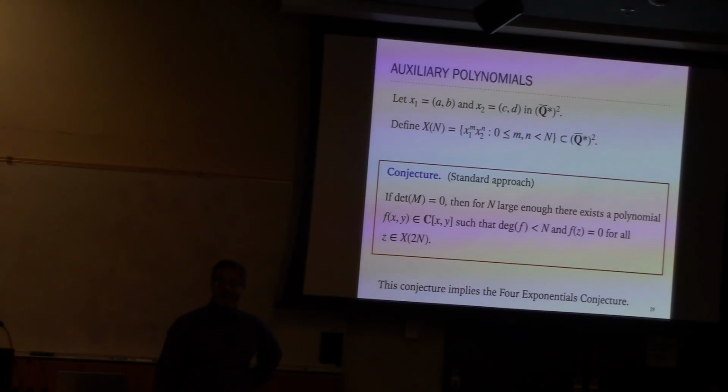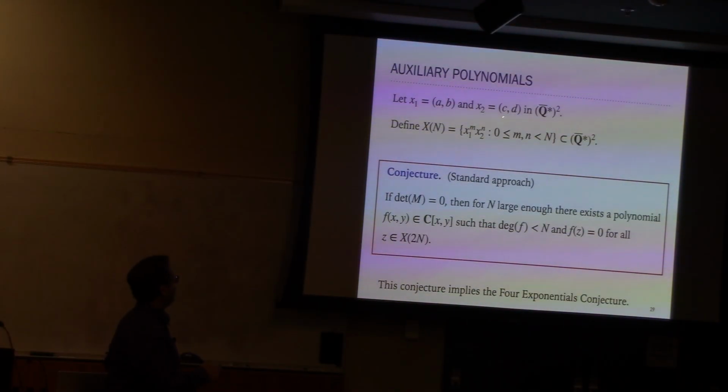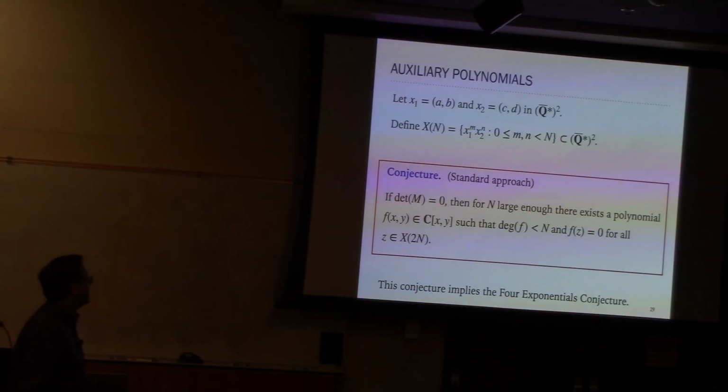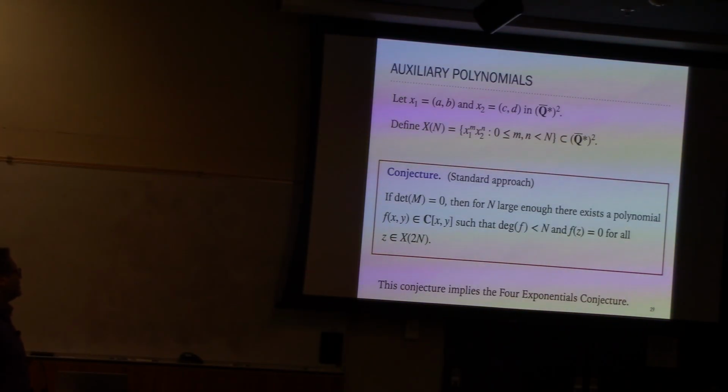If they're not like 2, 3, and 4, 9, then this set should have size n squared. With 2, 3, and 4, 9, you'd have some overlap, and so you wouldn't get as many elements in this set. That's the punchline of the conjecture: if your original determinant is 0, then for n large, there exists a polynomial whose degree is less than n, such that f of z is equal to 0 for all z in this set.